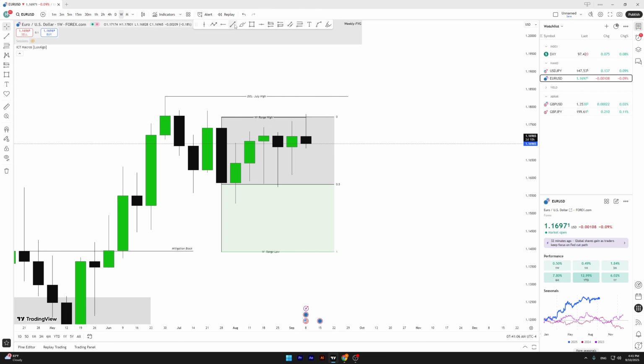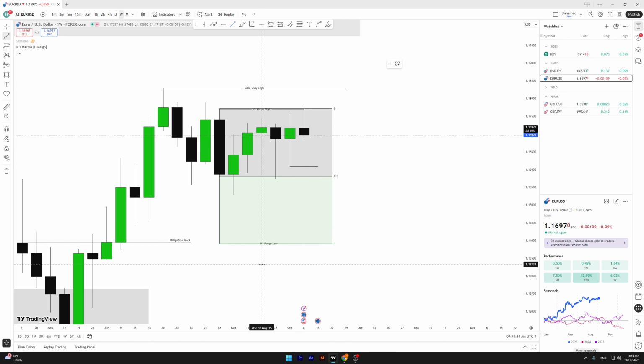So first this is our target, previous week low, and then my second target is previous week high. And later on, if price gives a clear model or has strong momentum to the downside, we can expect a down move to the range low, right?